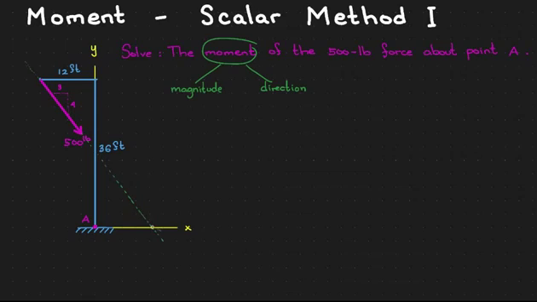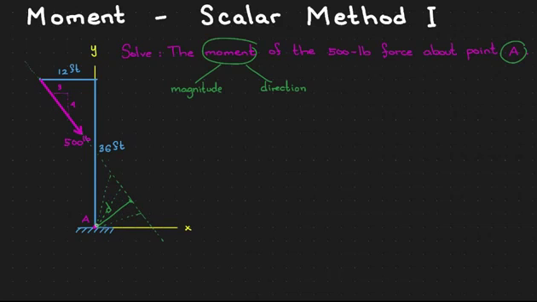This green dotted line is what is called the line of action of the 500-pound force. The perpendicular distance from point A, from the point you're trying to find moment about, to that line of action is this solid green distance, and I'll call that distance D. This is not a perpendicular distance, neither is this, nor this.